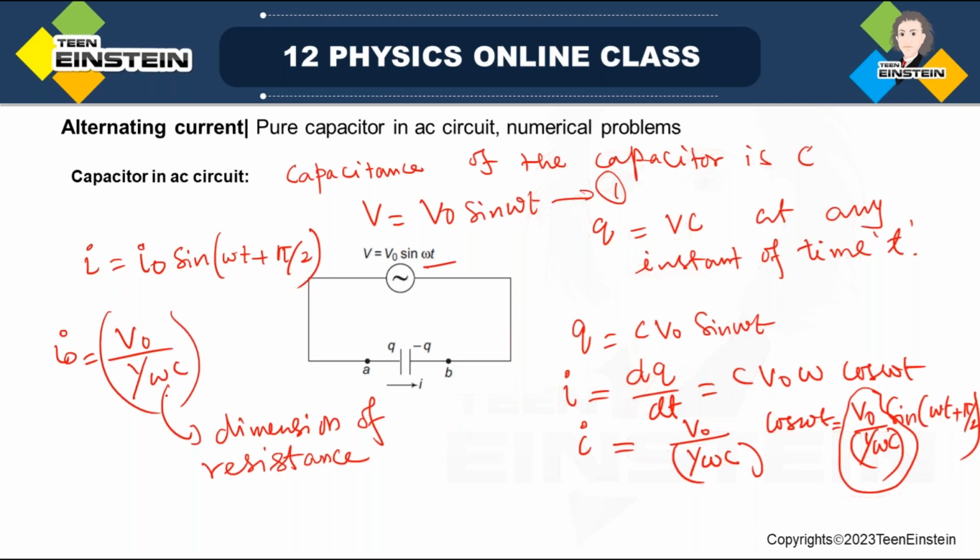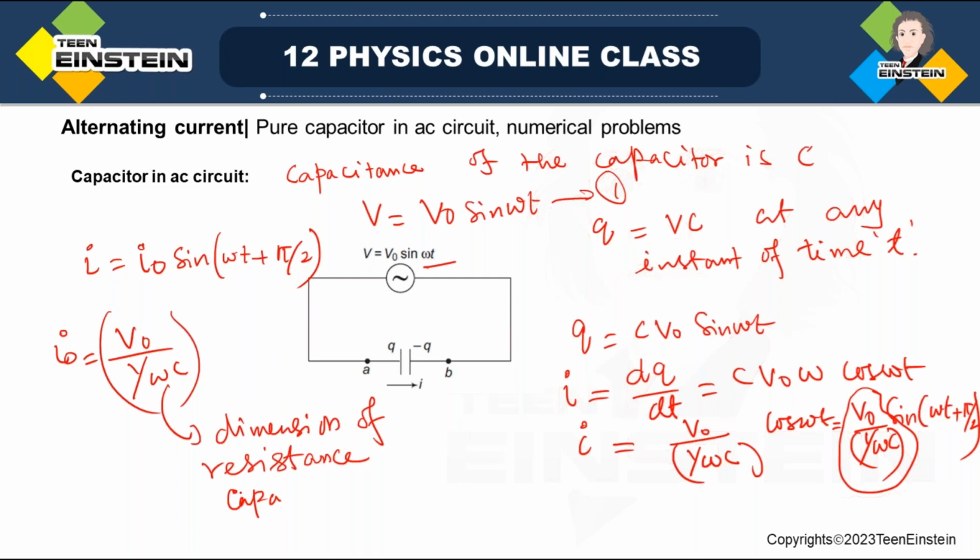But since in DC we say resistance, in this case we will not say this quantity as resistance, we will say capacitive reactance.